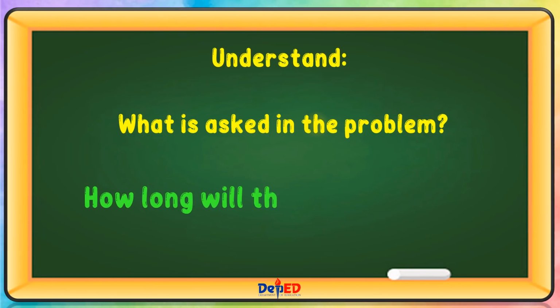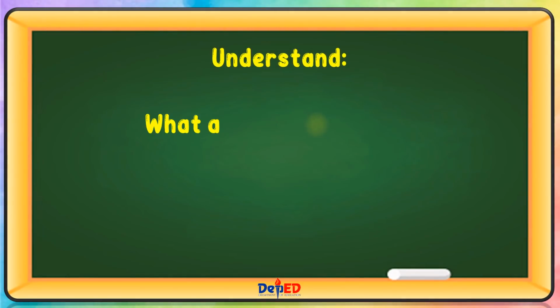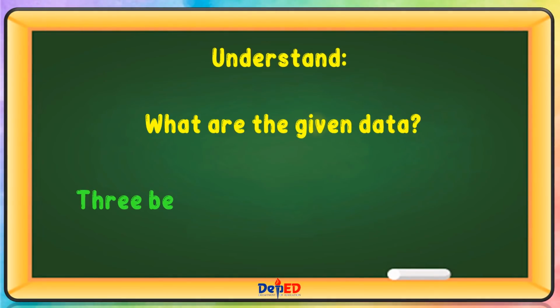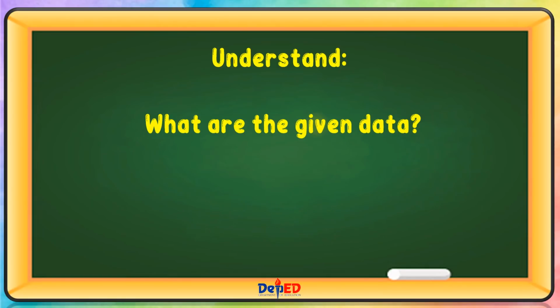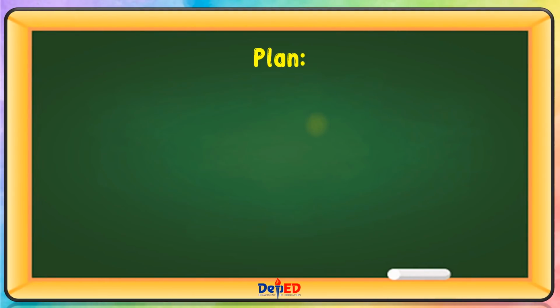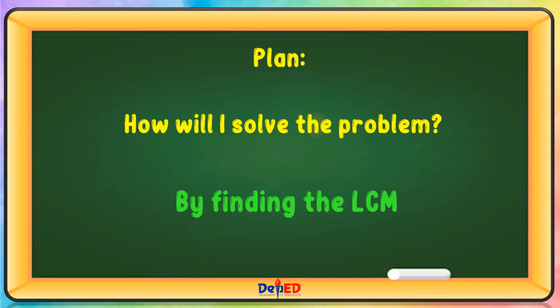How long will they all ring again? What are the given data? 3 bells toll at intervals of 12 minutes, 20 minutes, and 24 minutes. Let us plan. How will I solve the problem? By finding the LCM.